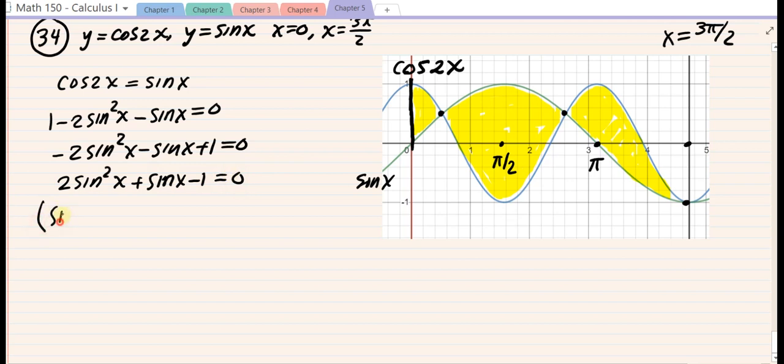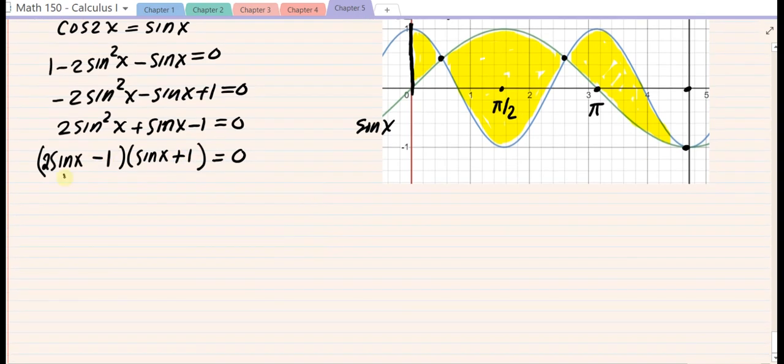I can factor this hopefully, sine x. Two numbers whose product is negative 1. Let's see, my choices are not that many here, right? And because it's 2, I put 2 in front of this one. So let me go with plus 1 and negative 1 like that. And when you do the FOIL, we get sine x, so I'm good with this.